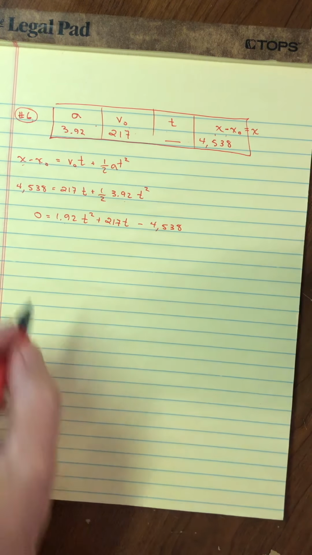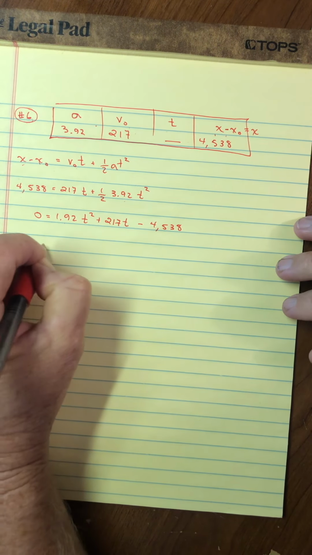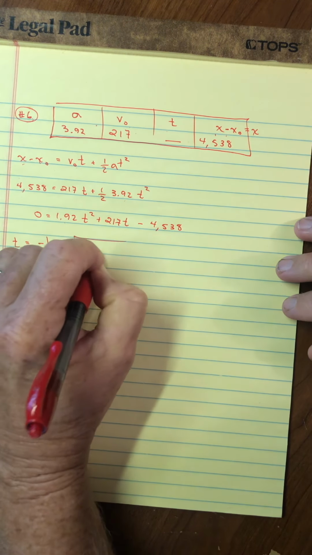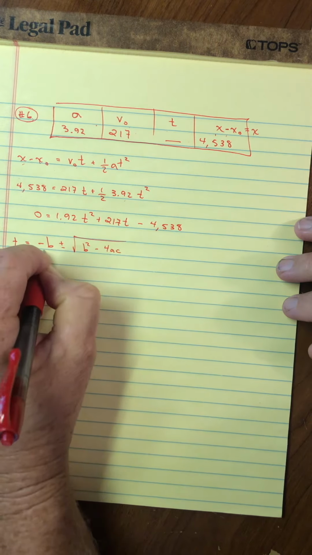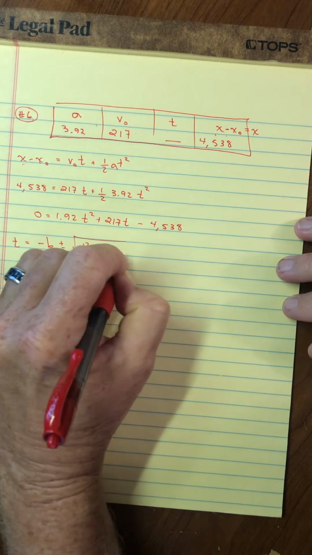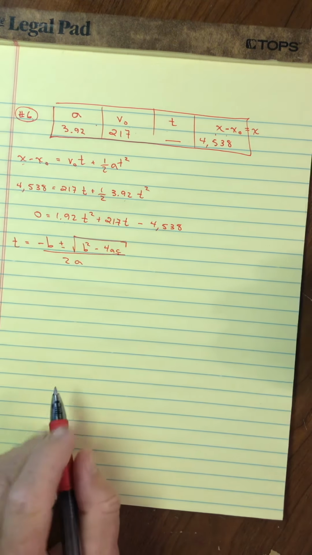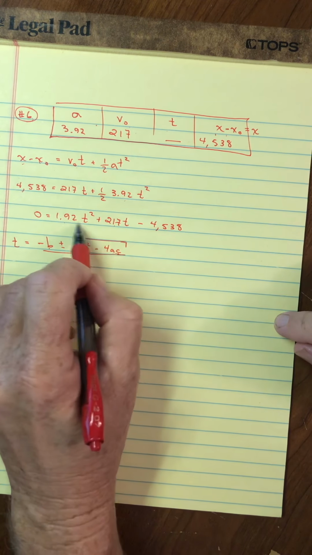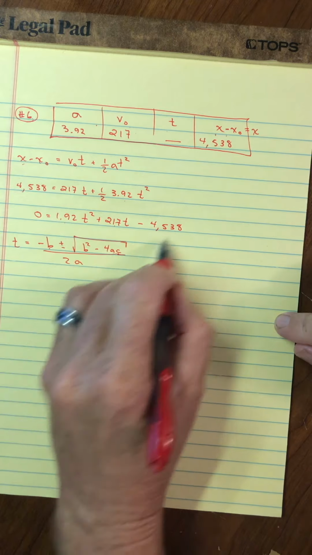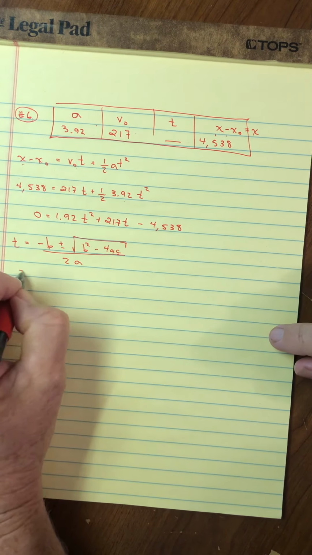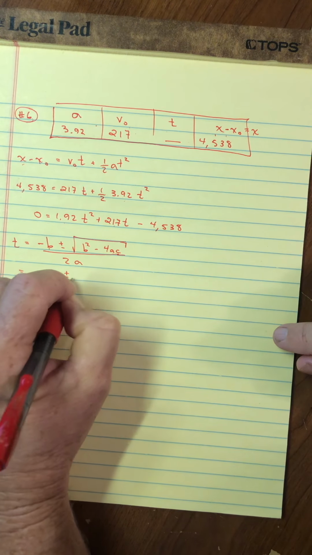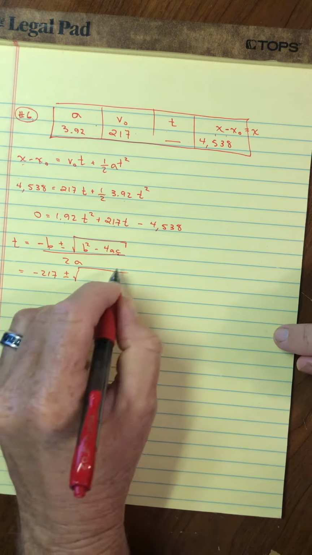And so now I have a quadratic equation, and if you remember from your algebra class, the solution is something that looks like this. Where b is the coefficient in front of the linear term, a is the coefficient in front of the quadratic term, and c is the constant. So if I put in the opposite of b, I get 217.